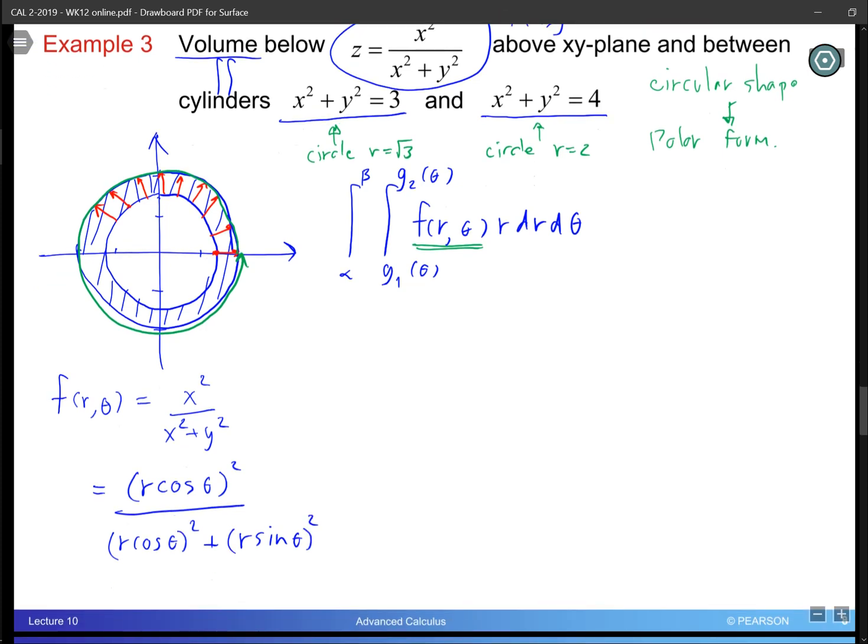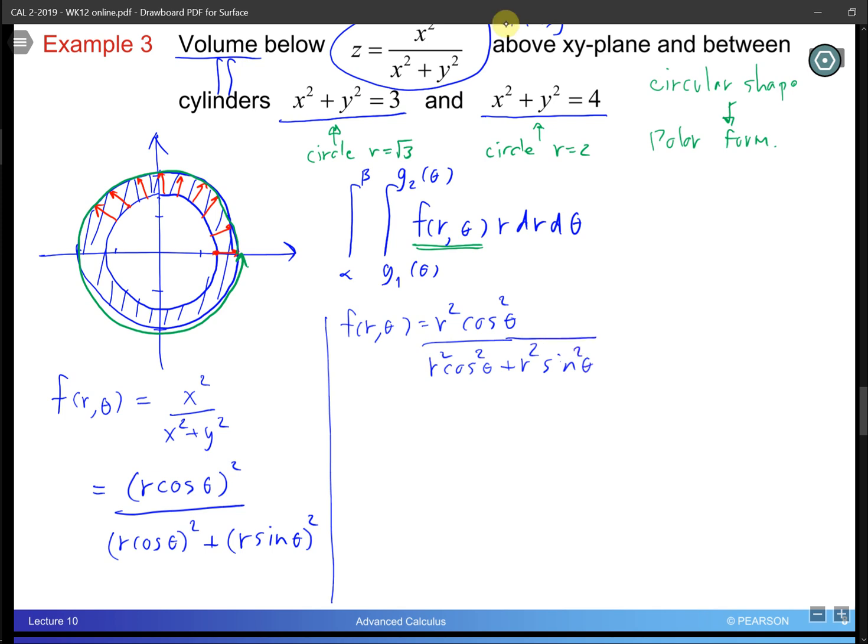Okay, so what do we have here? With this, we can see that f(r, theta) equals r squared cosine squared theta divided by r squared cosine squared theta plus r squared sine squared theta.